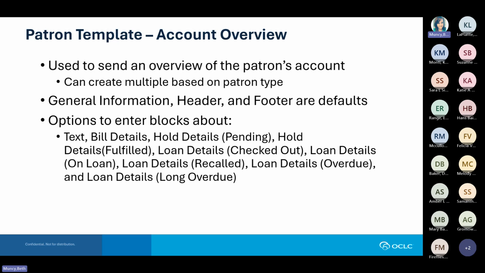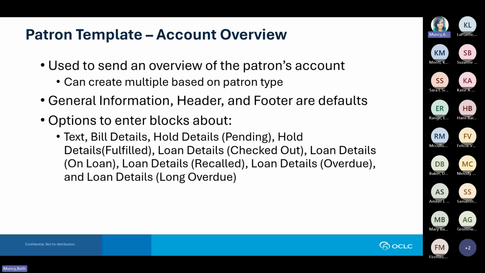So sending some sort of email message as a reminder to a specific patron, or hey, you left behind your lunchbox, can you come pick it up? Those kinds of things you can send directly to them and include your return email address. But the account overview allows you to create a template based off of the type of patron so that you can send them just a general overview.